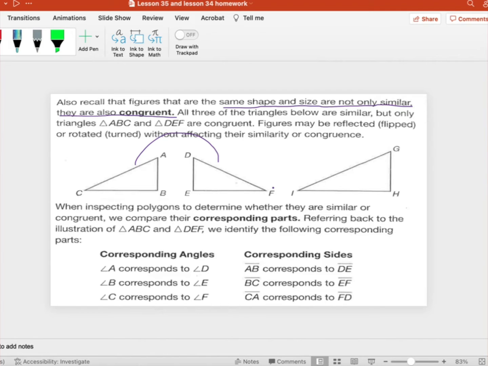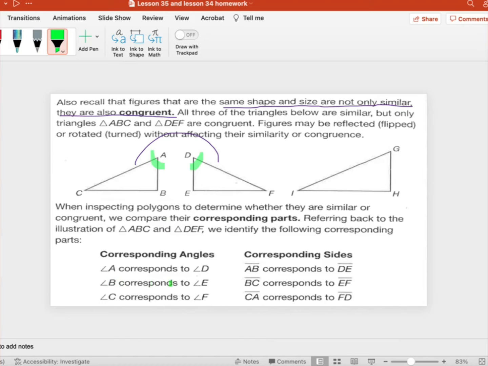Referring back to the illustration of ABC and DEF, we identify the following corresponding parts. So here, when we're talking about corresponding parts, angle A corresponds to angle D. That means angle A and angle D are exactly the same size.